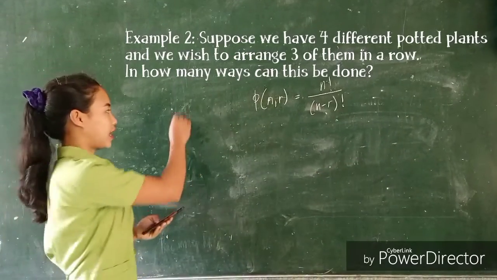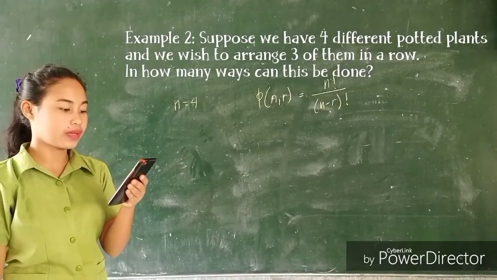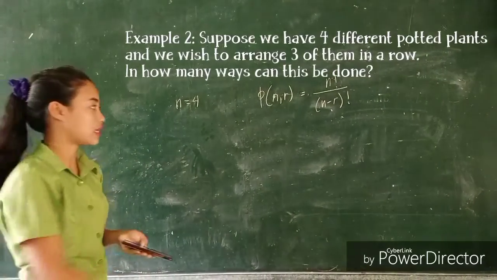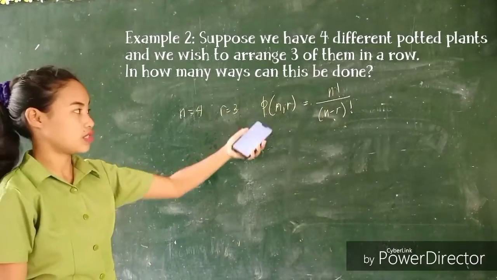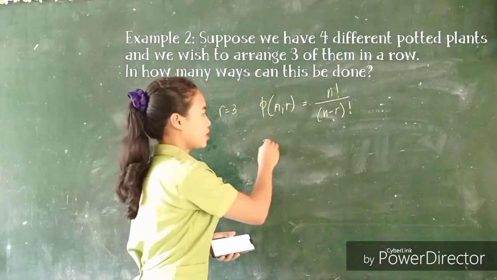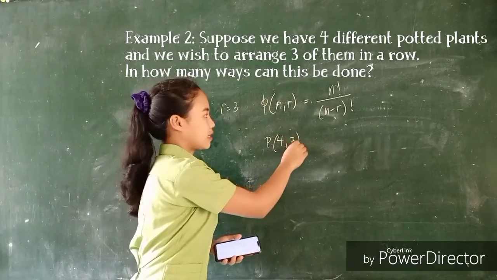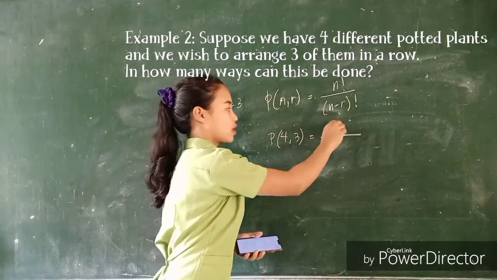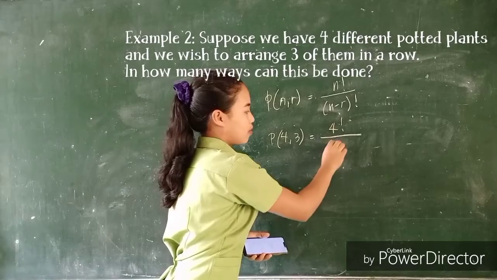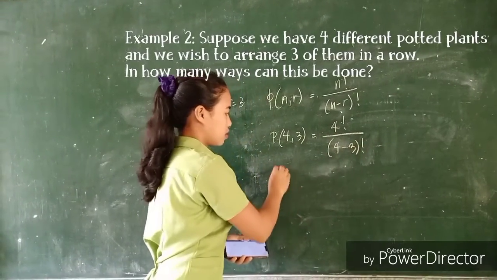The value of n is 4, and the value of r is 3. Substitute to the formula: permutation of 4 objects taken 3 at a time is equal to 4 factorial over 4 minus 3 factorial.